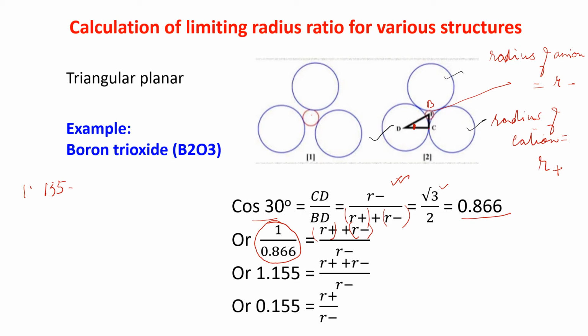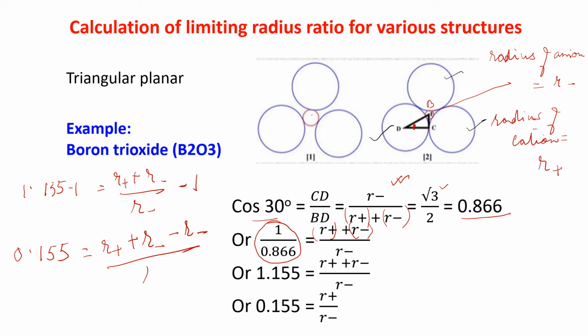1.155 minus 1 is equal to (R plus minus R minus) divided by R minus. So this gives 0.155, which is equal to (R plus minus R minus) divided by R minus.